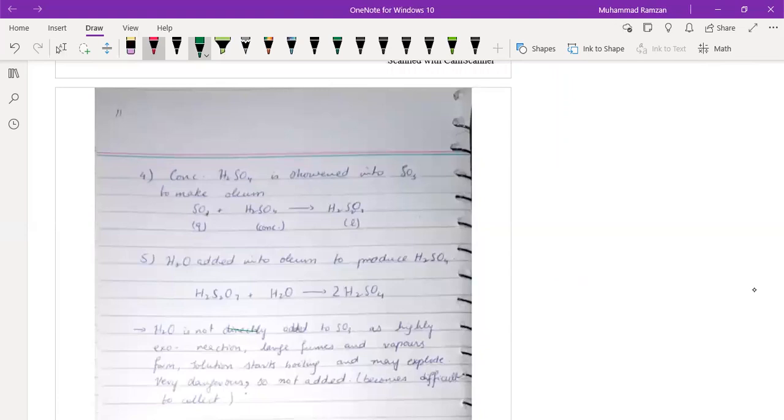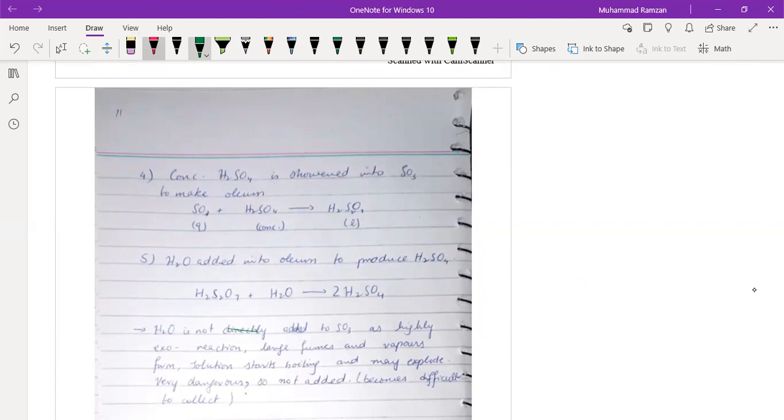Over here, one more question is raised. You may make H2SO4 by reacting SO3 with H2O. Now please look carefully. If you react SO3 with H2O, you get H2SO4.